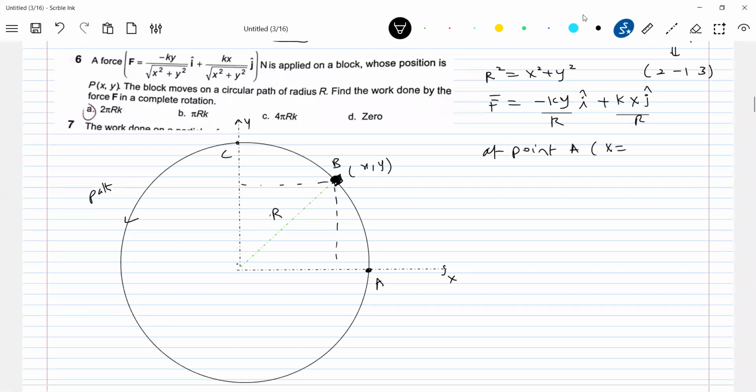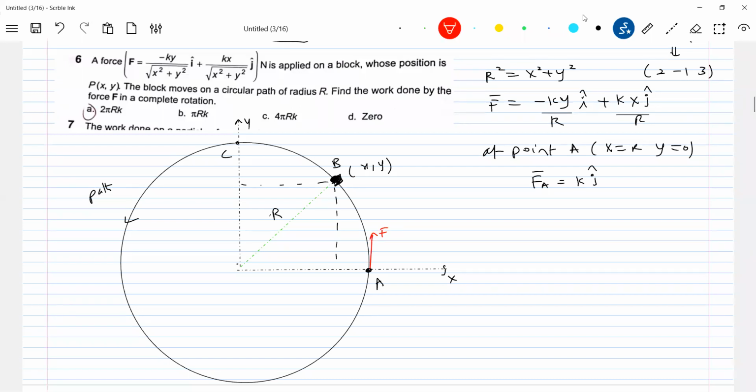X equal to r, y equal to 0, no? So what is the force at point A? It will be k j cap. K is not some constant here, and it is not k cap. It is k j cap. So the force will be directed like this.